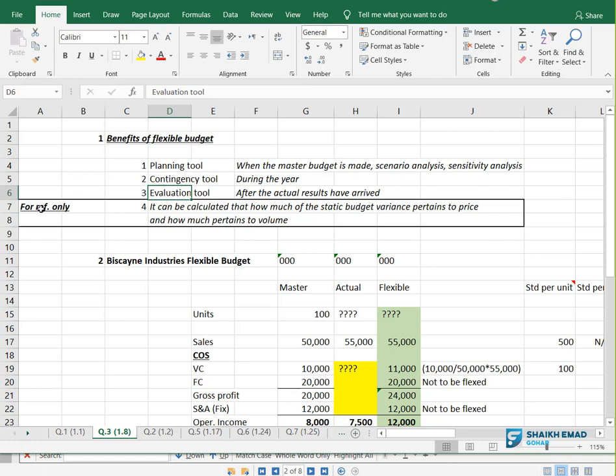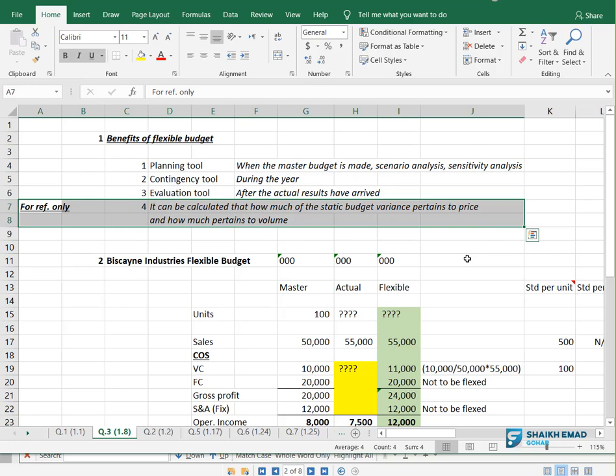Then I told you there is this benefit, for reference only, in which we can see how much of the variance is for price and how much of the variance is for volume. It means how much of the variance relates to selling fewer or more units and how much relates to charging more or less price.